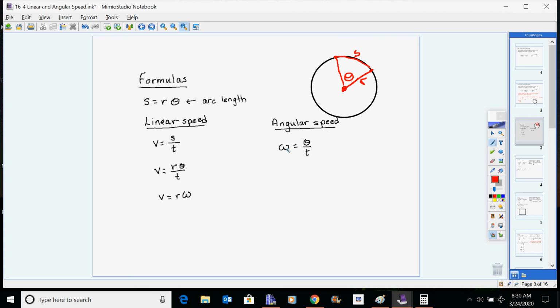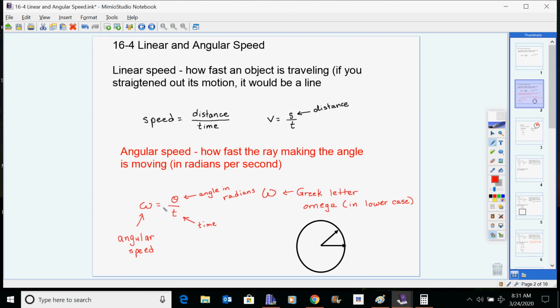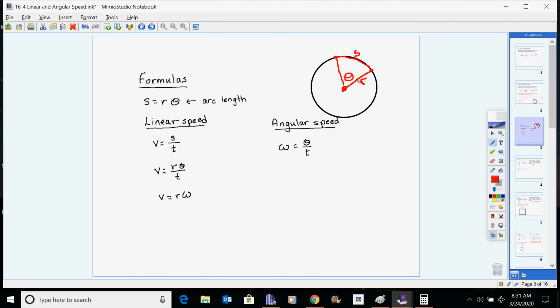Our linear speed is different than angular speed. We just talked about angular speed, which has to do with how much the angle is changing with time. But at the same time, we have things happening linearly. We have a distance that could be measured.